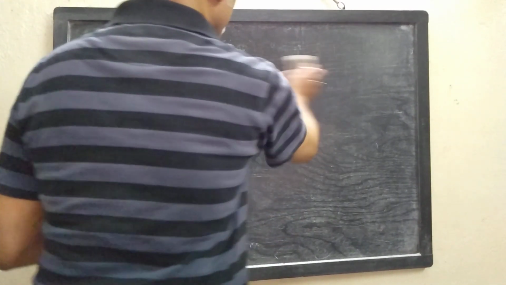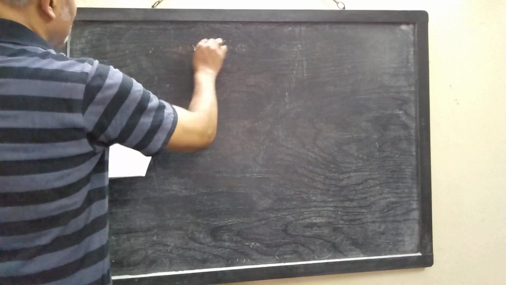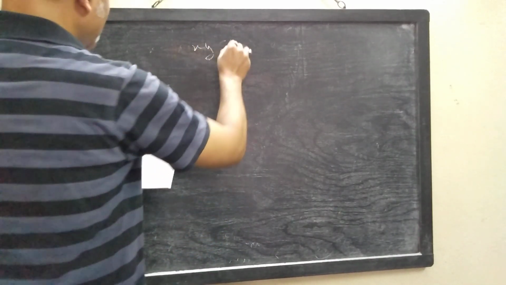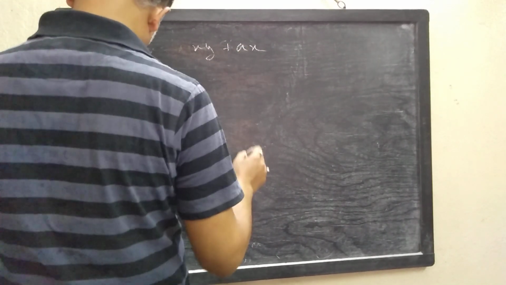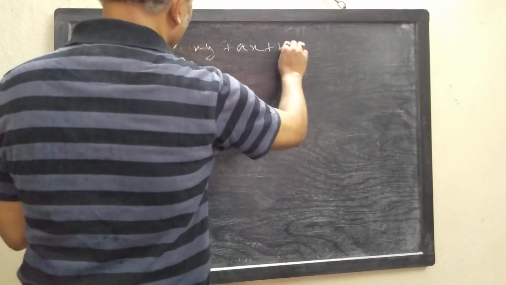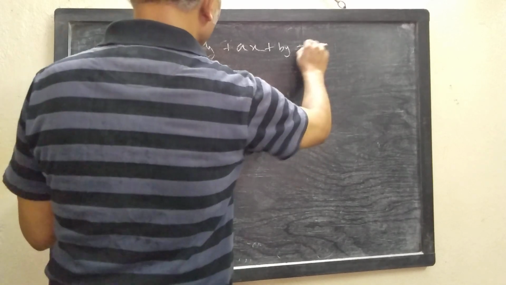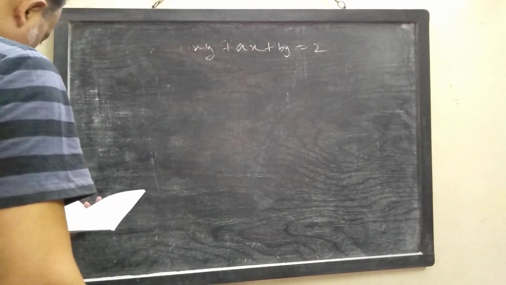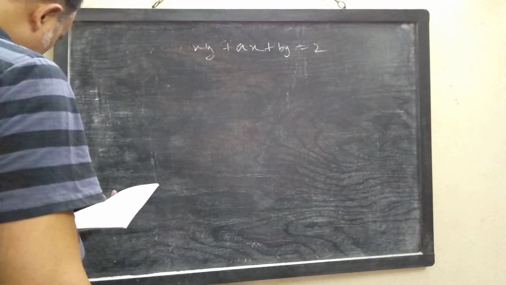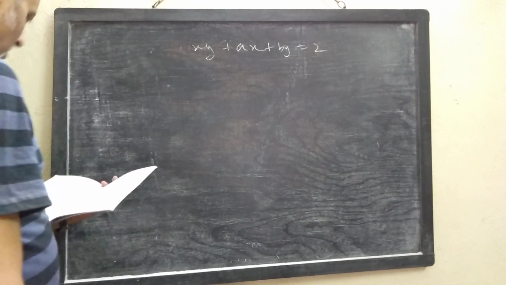Next question. The equation of the given curve is xy plus ax plus by equals 2, and it is given that the slope of the tangent to the curve at 1, 1 is 2.